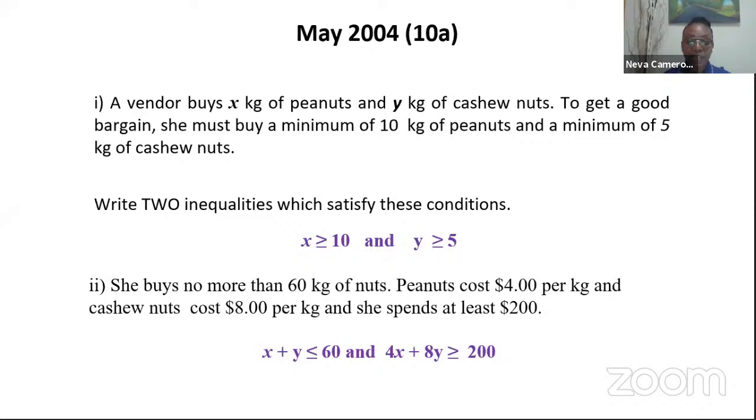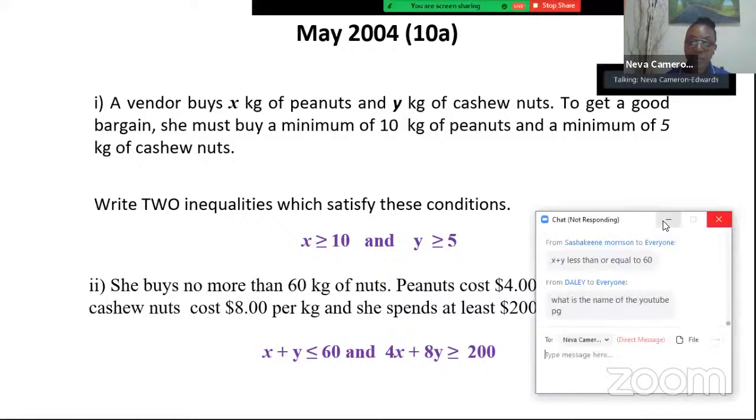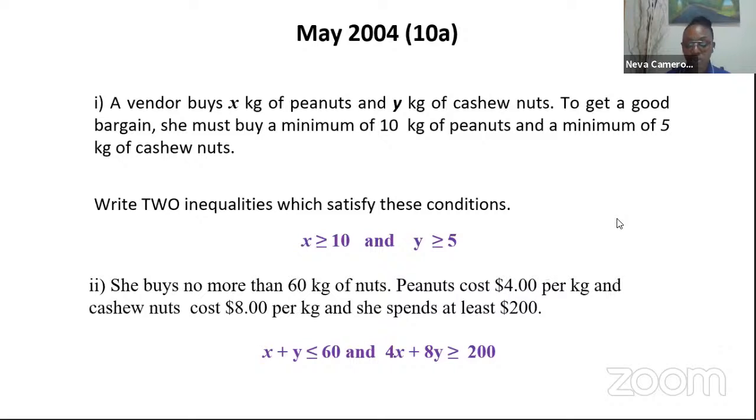And the cost per kilogram for peanut was $4 and the cashew nut cost $8 per kilogram. And again, we're seeing it coming up beautifully that 4x plus 8y, at least, we're seeing the word at least, remember we're looking at the vocabulary, is greater than or equal to 200.